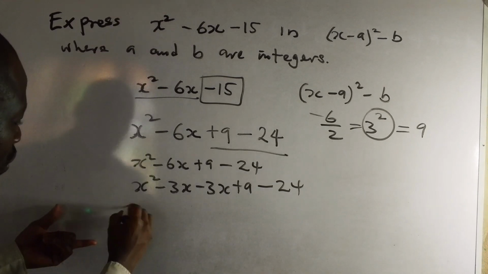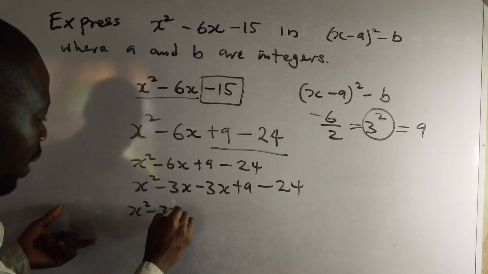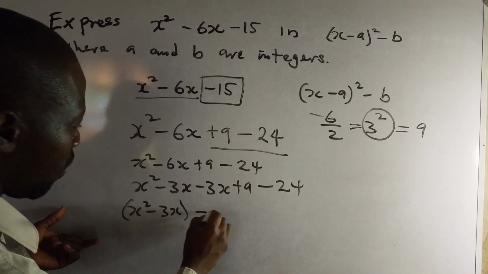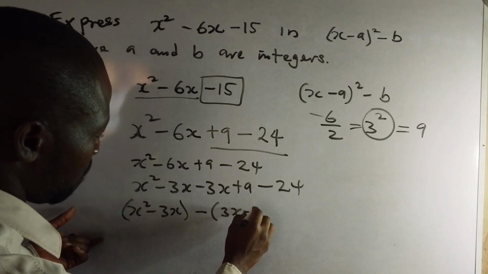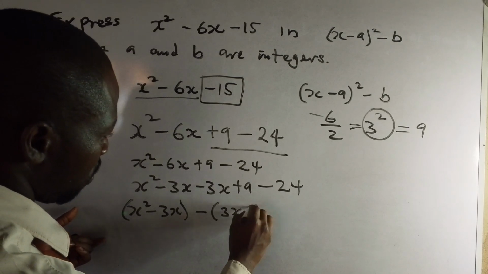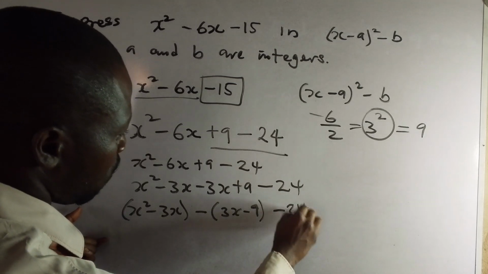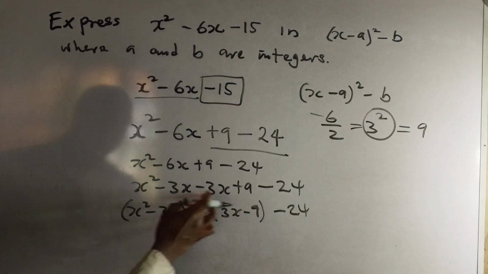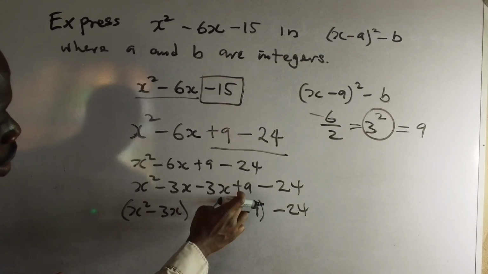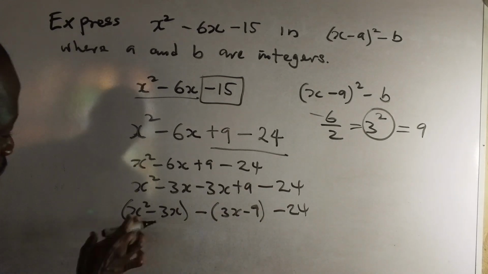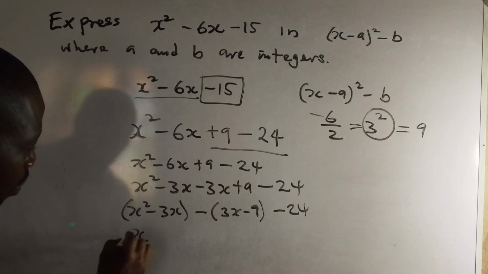Now we factorize this. You have x squared minus 3x, minus 3x, plus 9 minus 24. All right, remember, when you open this bracket, minus times minus 3 gives you plus 3x, and minus times minus gives you plus 9. So we bring out what is common in the factor. x is common here.